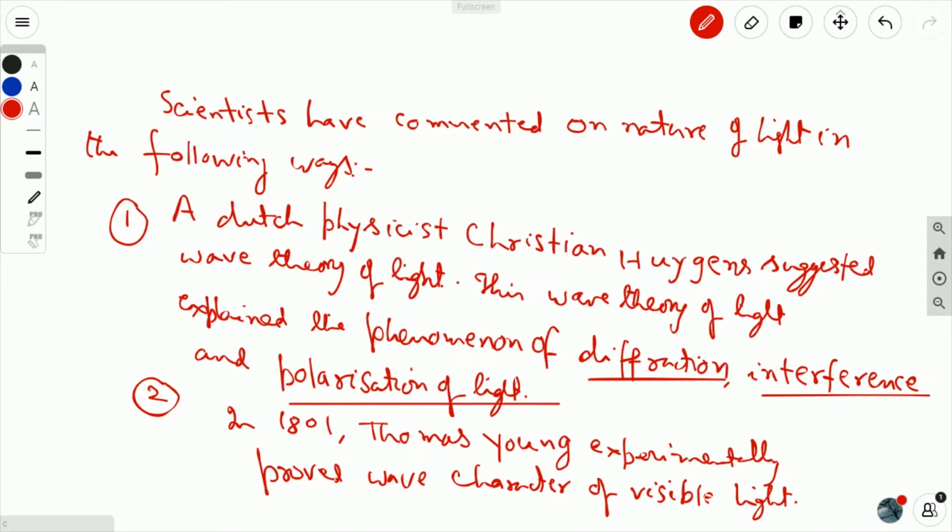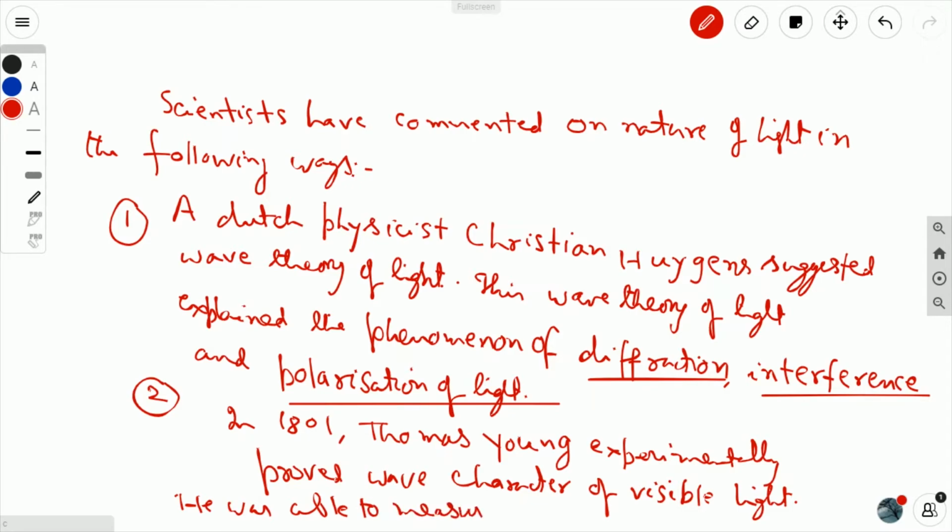So the wave character of light was experimentally proved by Thomas Young, and he was able to measure the wavelength and frequency of light.